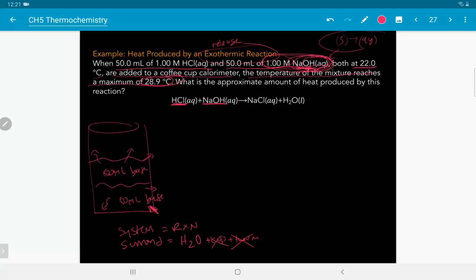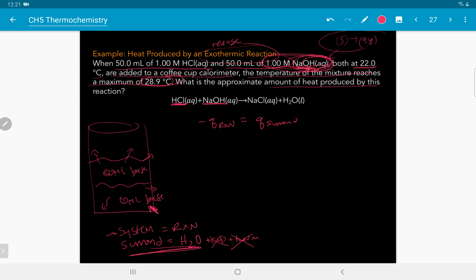So if we can figure out the amount of heat produced by this reaction, negative Q of our reaction, because that's our system, is equal to the Q of the surroundings. And the surroundings are just water.